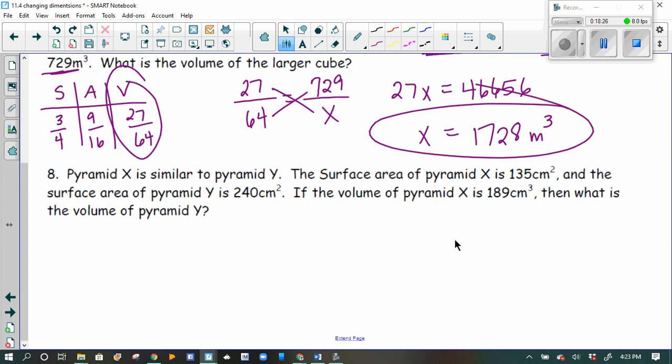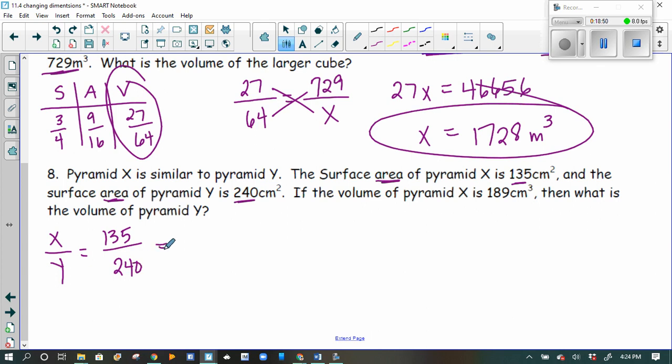All right. Now this one, it says pyramid X is similar to pyramid Y. The surface area, so they're telling me, hey, the surface area is 135 and this surface area is 240. So I'm going to find what the scale factor is. So if we did X over Y, so 135 compared to 240, I need to simplify this.